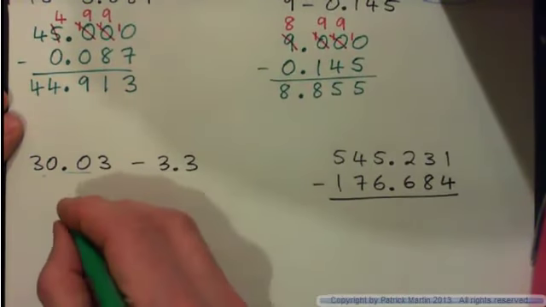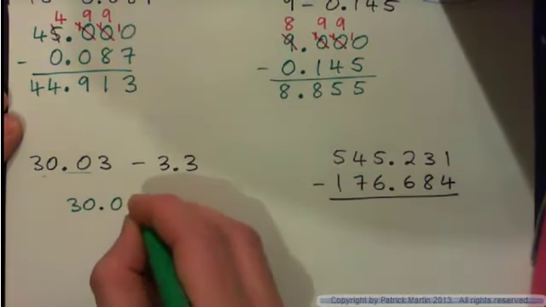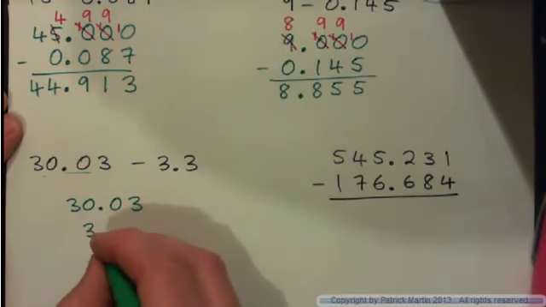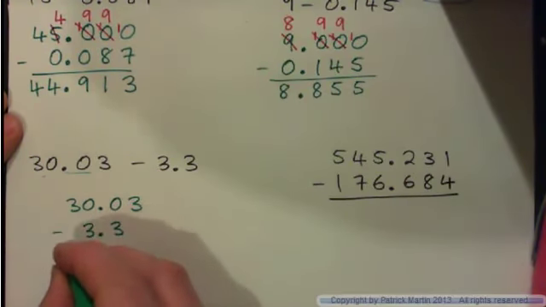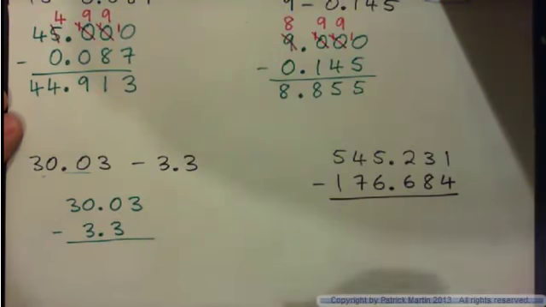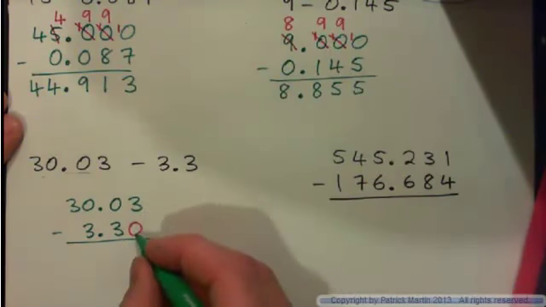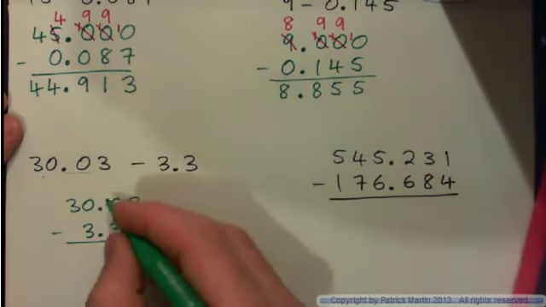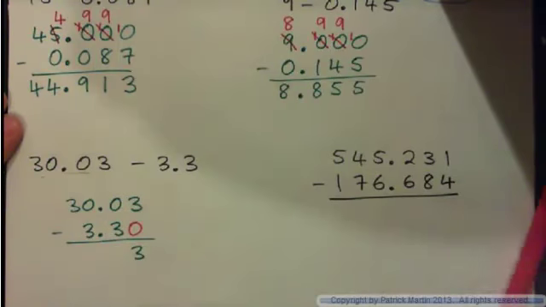Okay, now I'll try it. So you got 30.03, and then you got 3.3, and we're subtracting. And you know what? I'm going to put a 0 here for a placeholder. So 3 minus 0 just gives 3. 0 minus 3 isn't going to work.